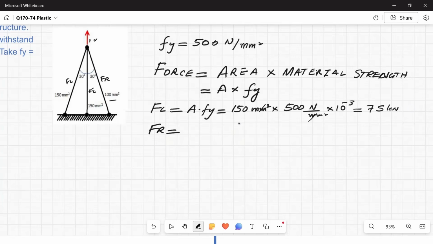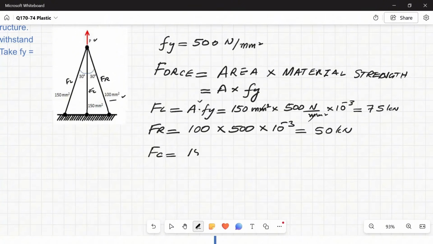And then I will work out Fr in the same way, using the same formula A times Fy. A for the right is 100, so 100 times 500 and times 10 raised to minus 3 to convert it into kilonewtons. I will get 50 kilonewton, and then I will work out Fc. Fc will be equal to 150 times 500.